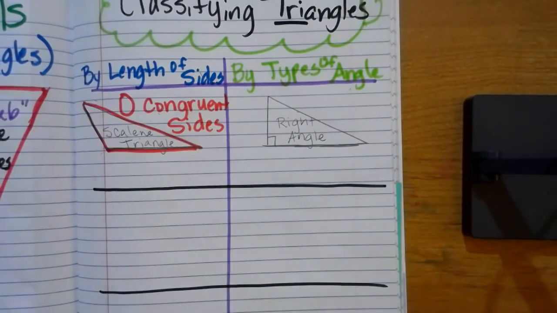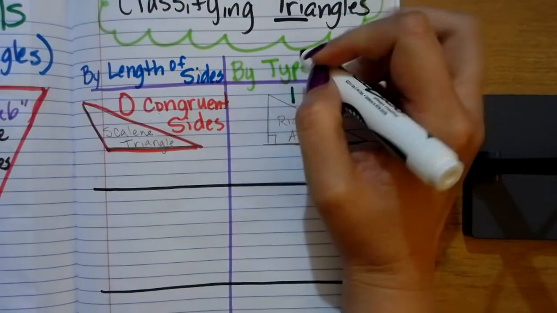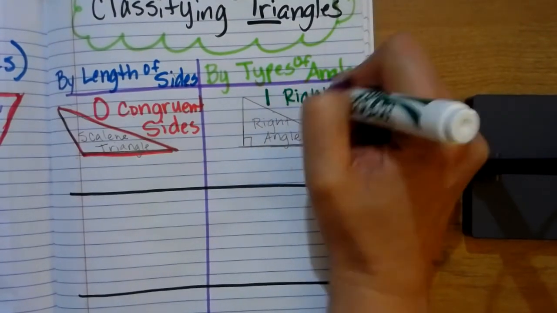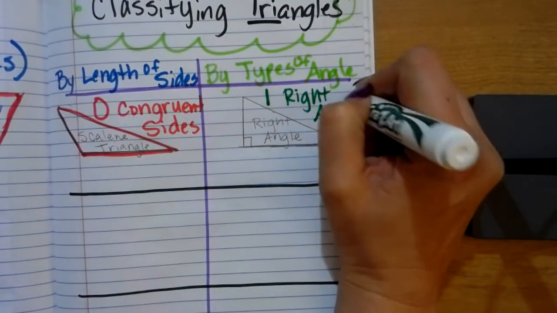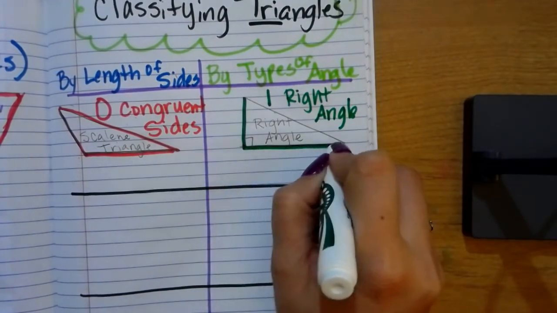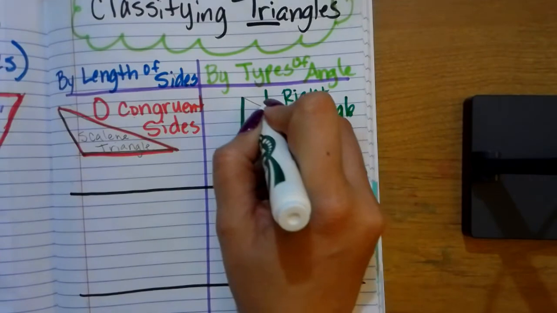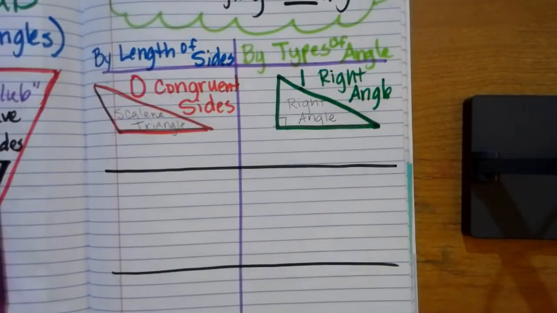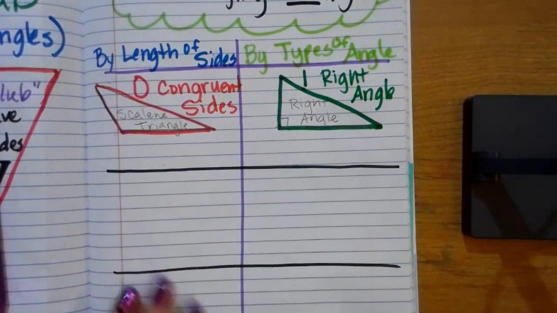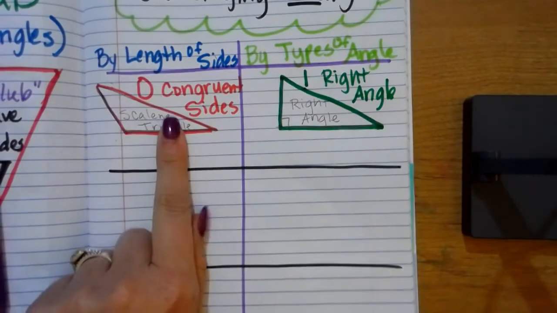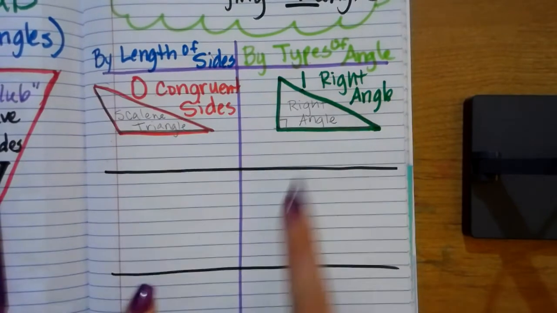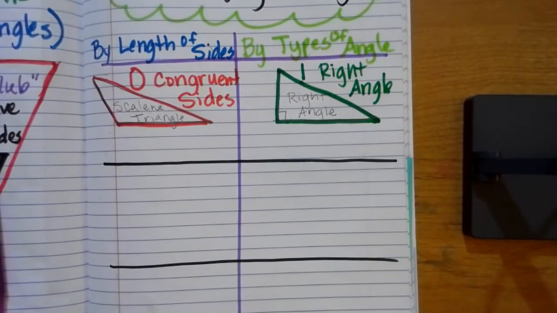And to be a right triangle, you have to have 1 right angle. Okay, let's go back over here to side length. So I have scalene triangle, I have a right angle. All right, we're going to go to our next side length one.